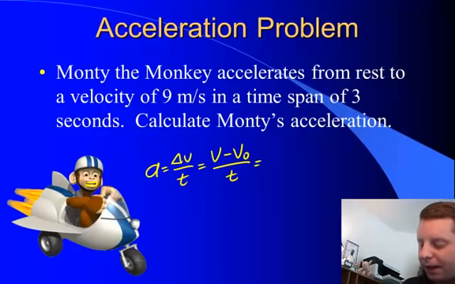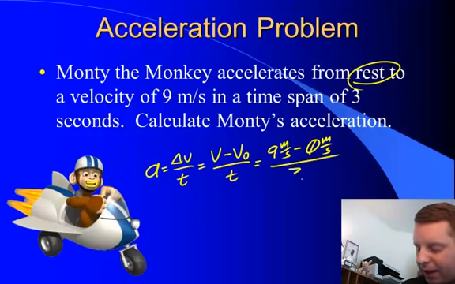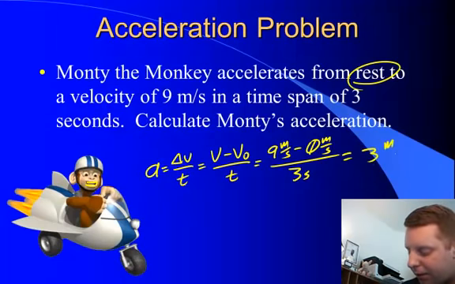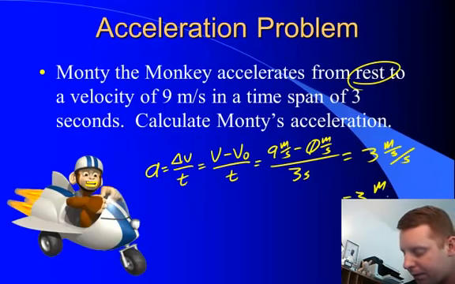The final velocity was 9 meters per second. The initial velocity, it said he was at rest, so that's 0, in a time of 3 seconds. 9 minus 0 is 9. 9 divided by 3 is 3. That will leave us with an acceleration of 3 meters per second, or 3 meters per second squared.